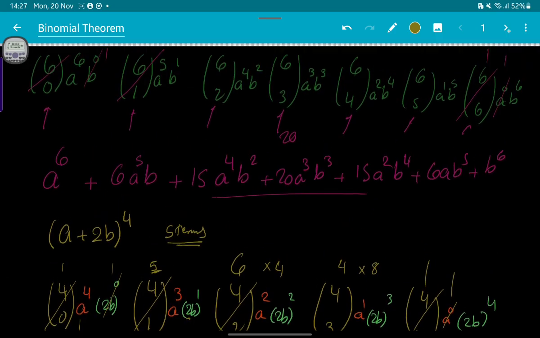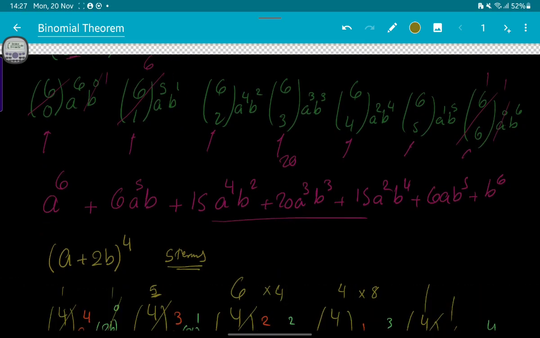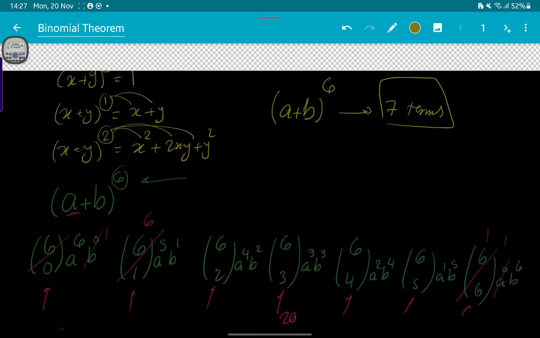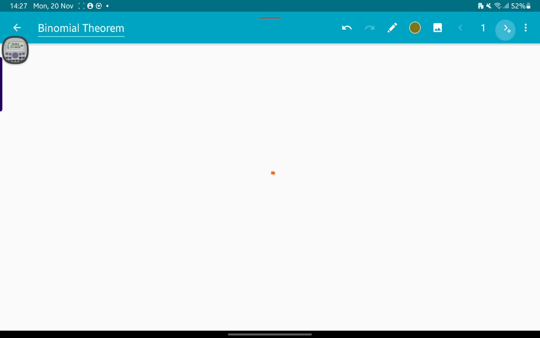Okay. Then we have how to find a specific term. We use this form: nCk a power n minus k b power k.